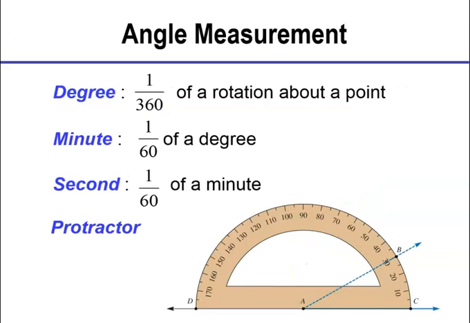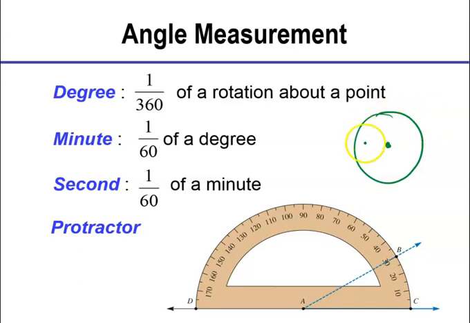Well, how about angle measurement? A degree is defined as 1 over 360 of a rotation about a point. A lot of people think about a circle as 360 degrees, and that's exactly what they're saying here. So if we have a point, so here's my point, and we go in rotation around the point, that's 360 degrees all the way around.